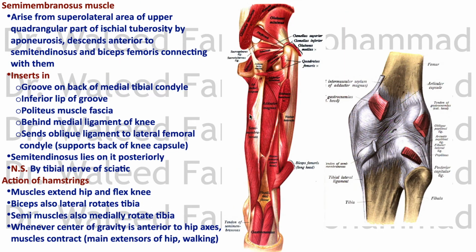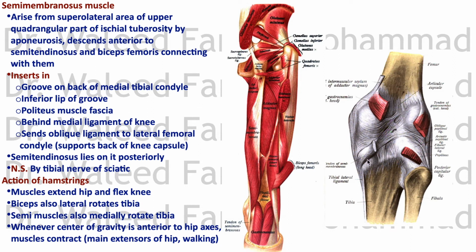The semimembranosus muscle arises from the superolateral area of the quadrangular area of the ischial tuberosity and anterior to the semitendinosus and biceps femoris.